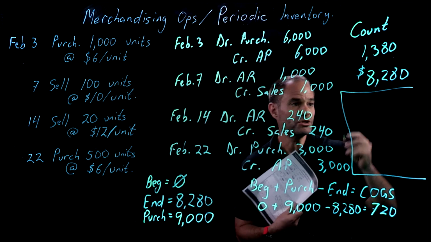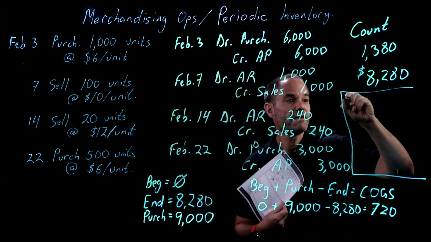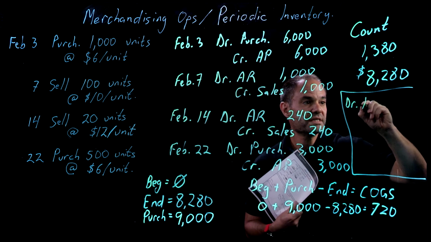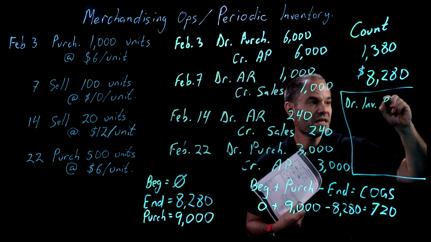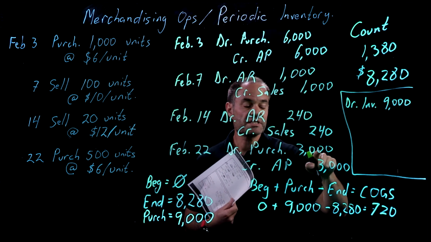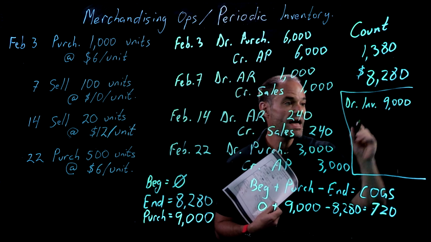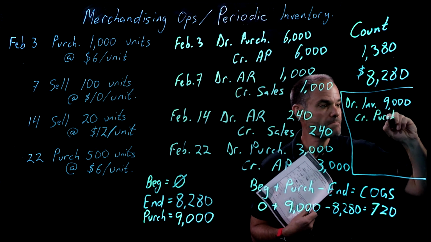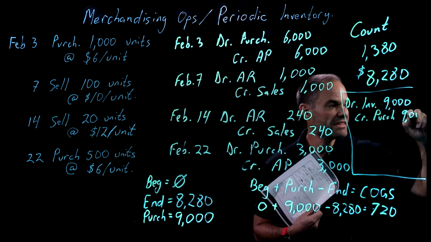And so what we will do is two transactions. First of all, we'll debit inventory, $9,000. That's for the purchases that we made during the period. And we'll credit purchases, $9,000.